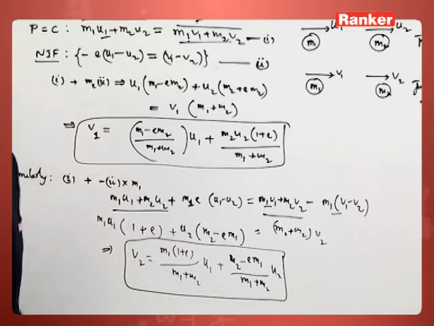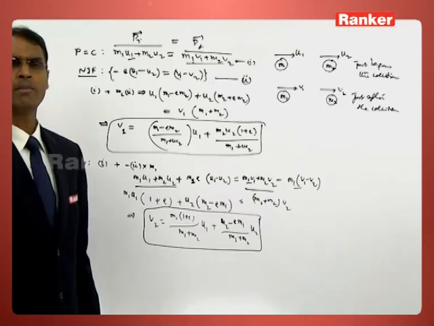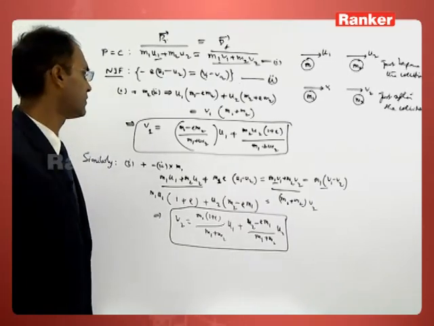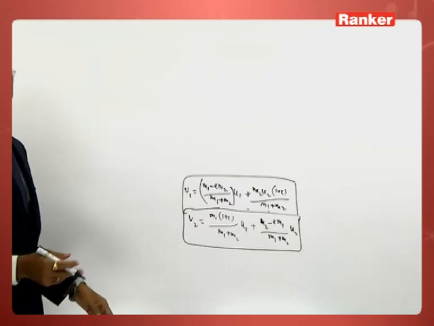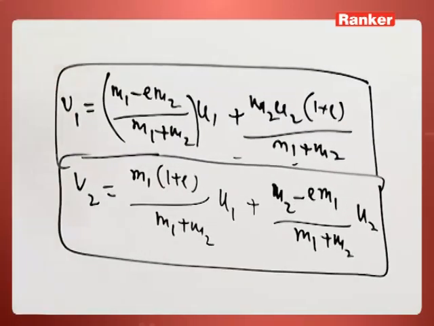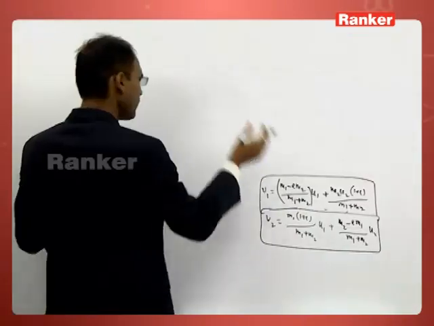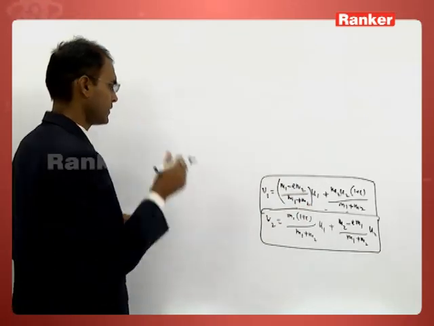So, I will tell you how to use these two equations in solving one dimensional problems of collision. We have prepared these two formulae and we can discuss a few cases.